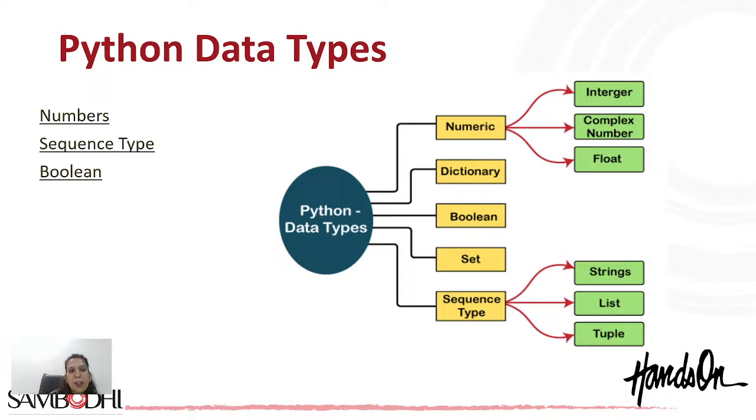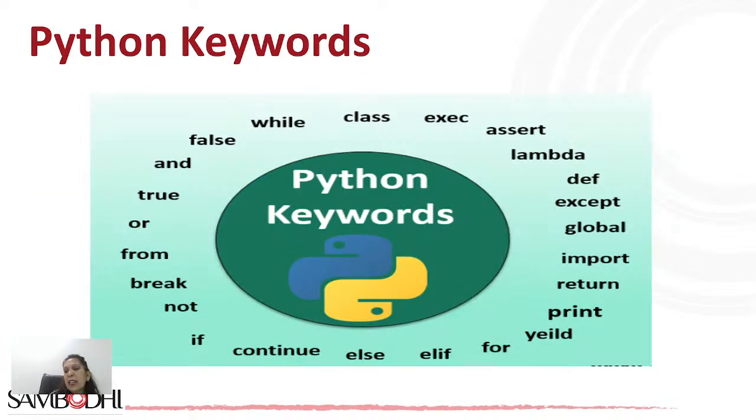Now the next thing which I talk about is basically keywords. So what do you mean by keywords? Keywords means the words which are reserved in Python. Reserved means, in a train you go, and there's a seat which is reserved, so you cannot sit at this place.